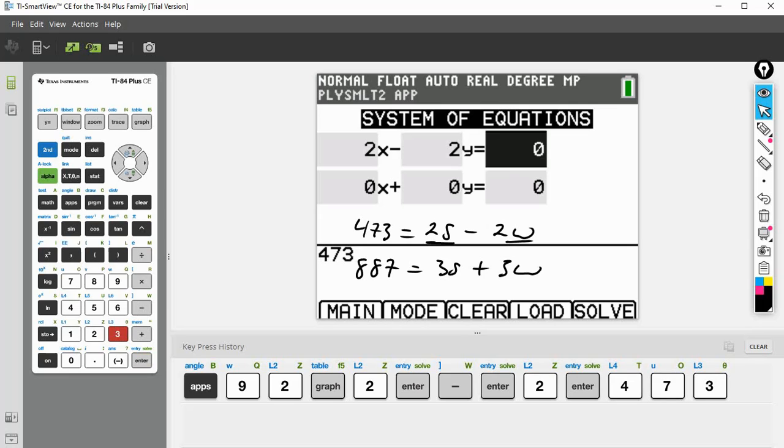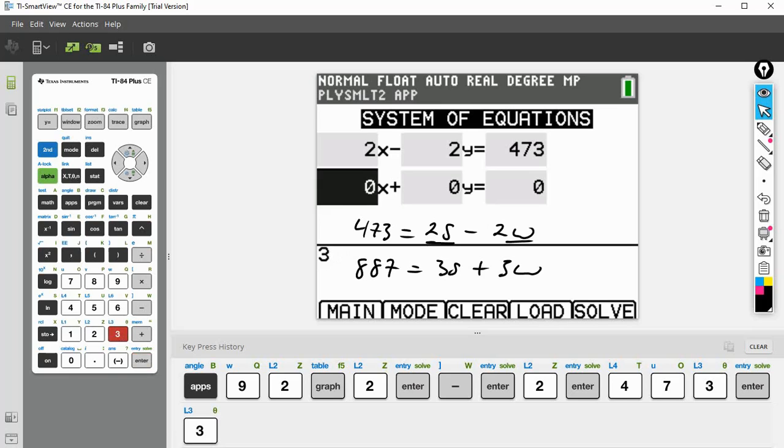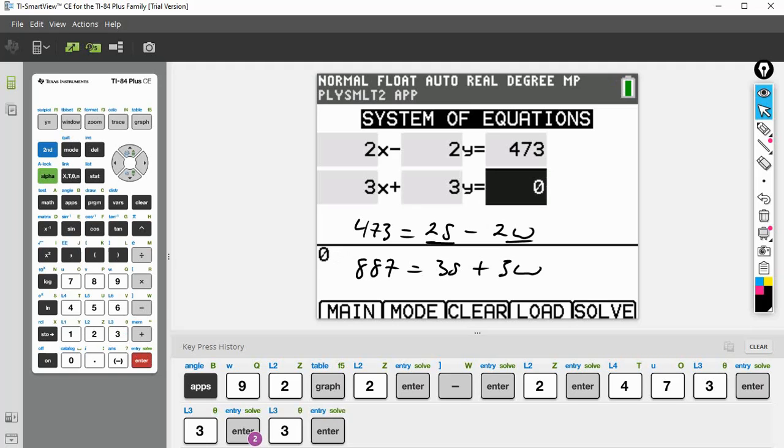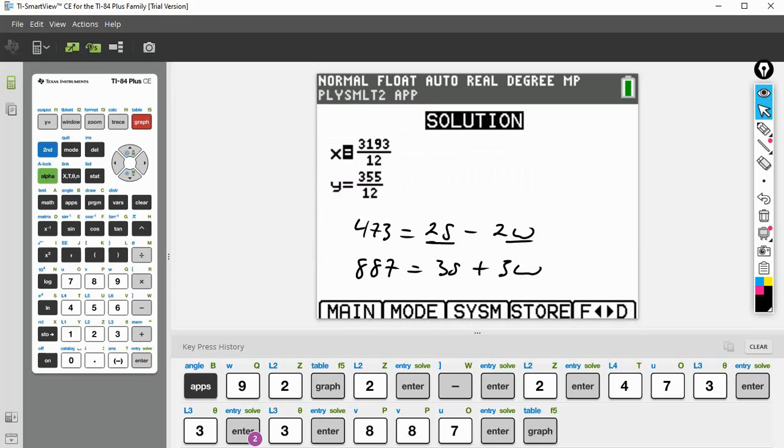We hit enter there, and it takes us to the next equation. And for the next one, we have 3s, or 3x. Hit enter, plus 3w. So we type in 3, hit enter, and then the solution, 8, 8, 7. Hit enter, and then notice that solve is going to be above the graph button. So we hit on graph, and there it is.